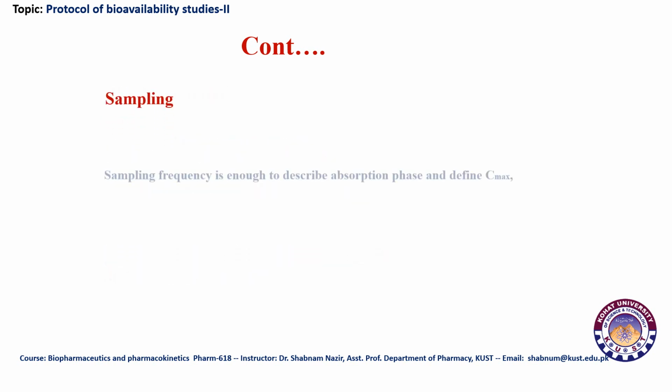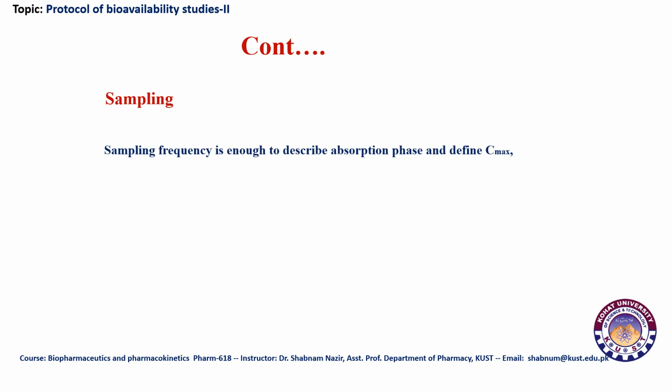Then comes the sampling. The appropriate frequency for sampling can be decided in a way that it should cover certain specific parameters. For example, number one is the Cmax. It must cover the Cmax, which is also called the maximum concentration. And secondly, it should be able to cover the Ka, which is the absorption rate constant, and area under the curve.